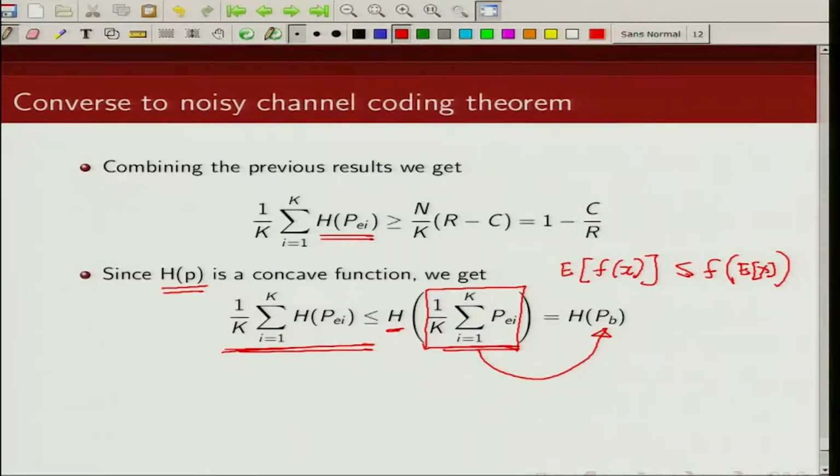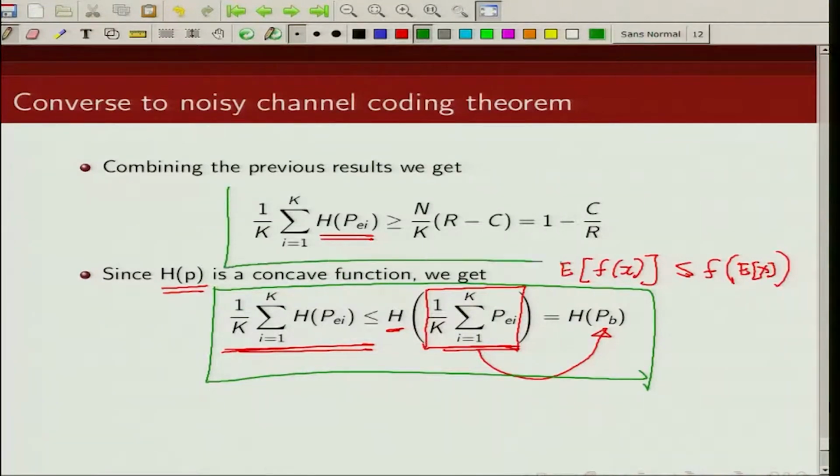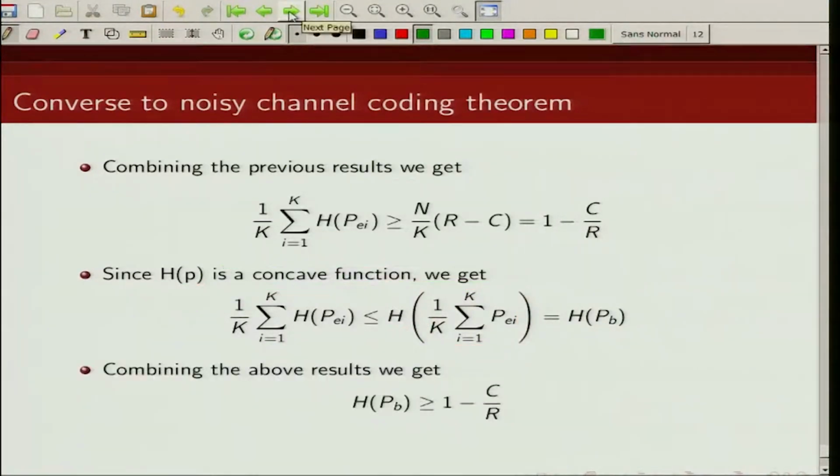Okay, so by combining this result with this result, we have shown that the binary entropy function of this probability of error is lower bounded by 1 minus C by R, and remember R is greater than C here.